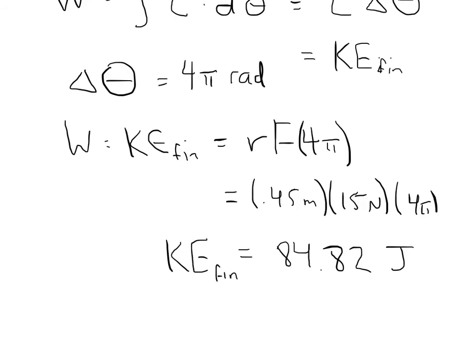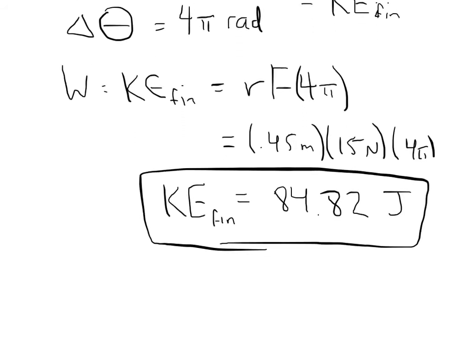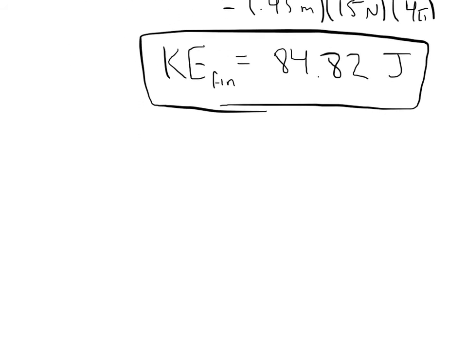So that's the first part of the problem. The second part of the problem is, how fast is the wheel rotating? In this case, we can say the final kinetic energy, which I'm just going to write as KE sub f at the moment, is equal to, because it's purely rotational, 1/2 I omega squared.